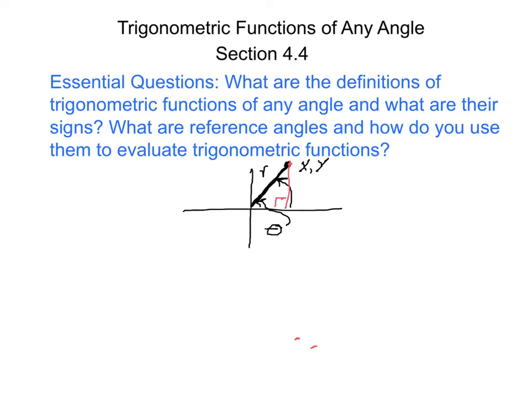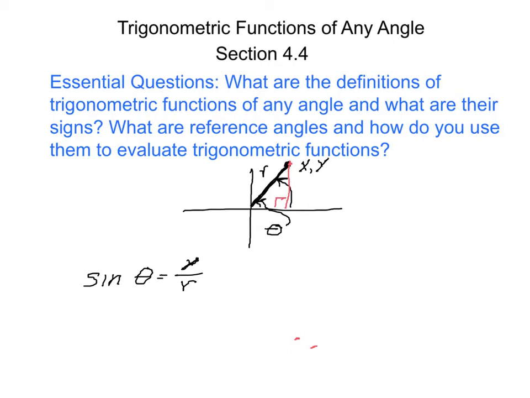If that's the case, the sine of theta is going to equal y over r. With the unit circle, remember, r was simply equal to 1, so it became equal to just y.